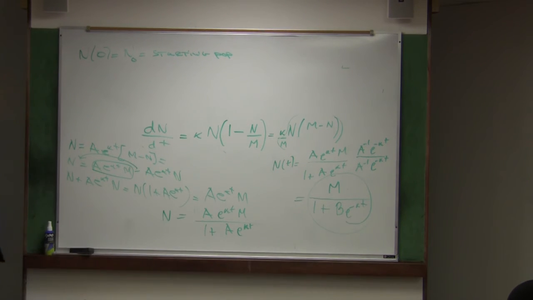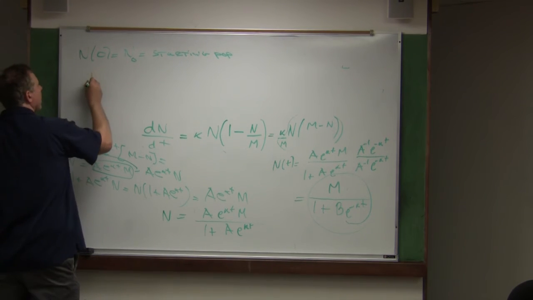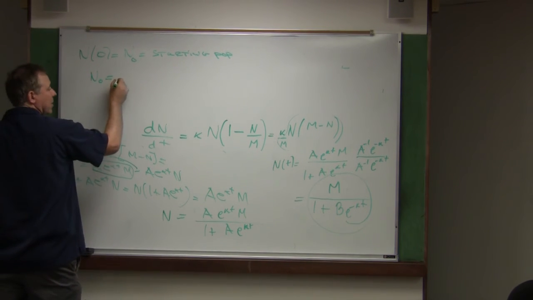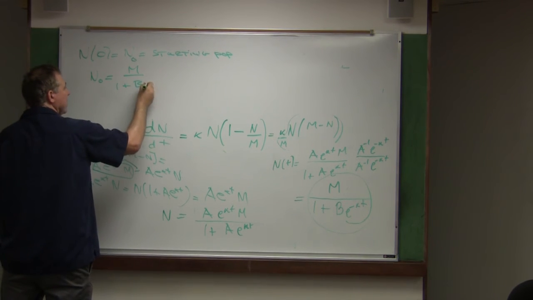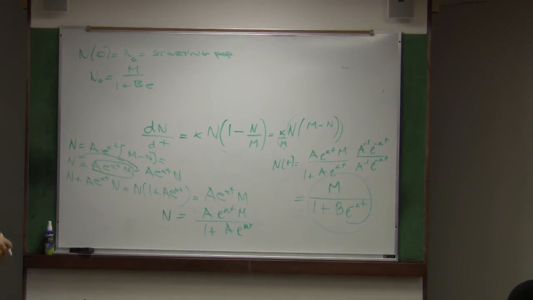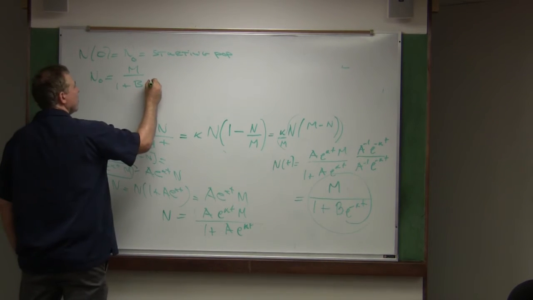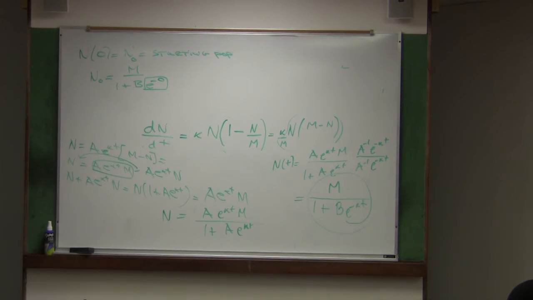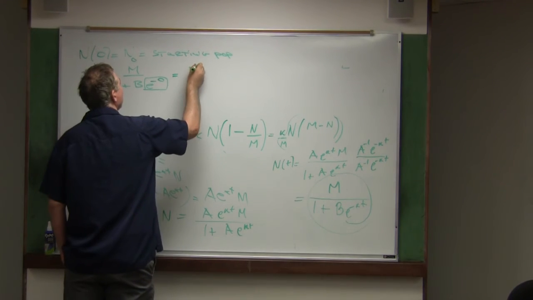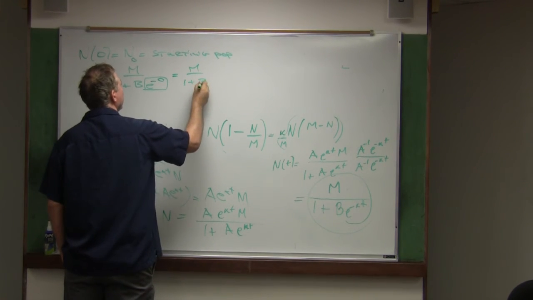And so if that's your starting population, you know that n naught is going to be m over 1 plus b e to the minus k times 0. But what's e to the minus 0? What is this? 1. Just 1.